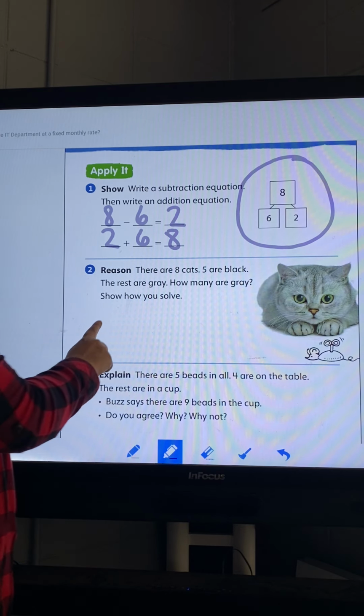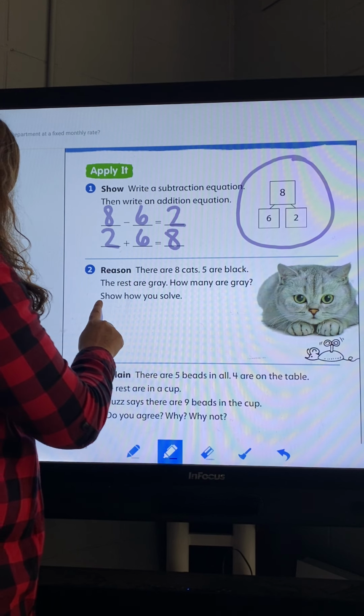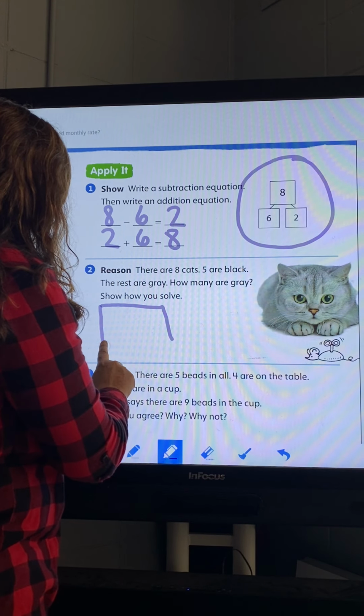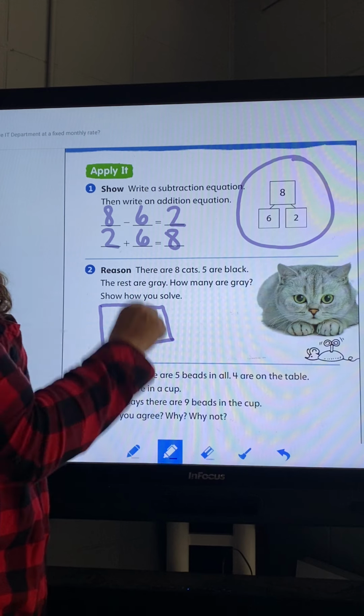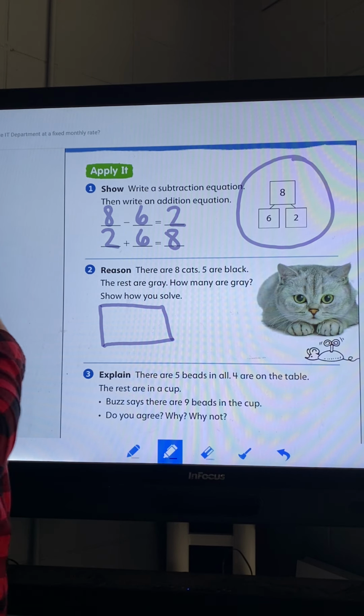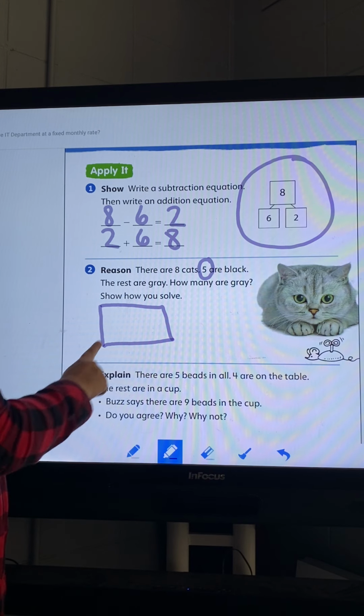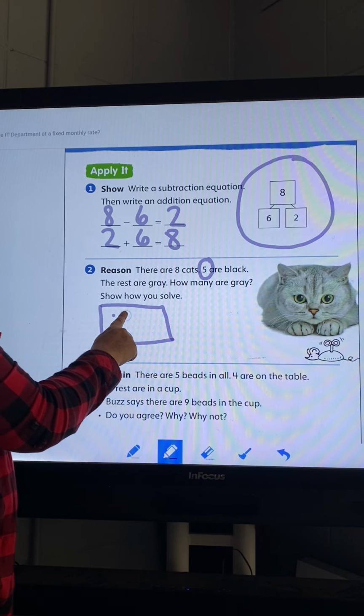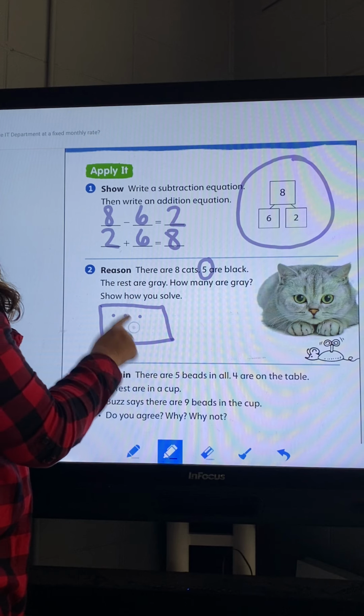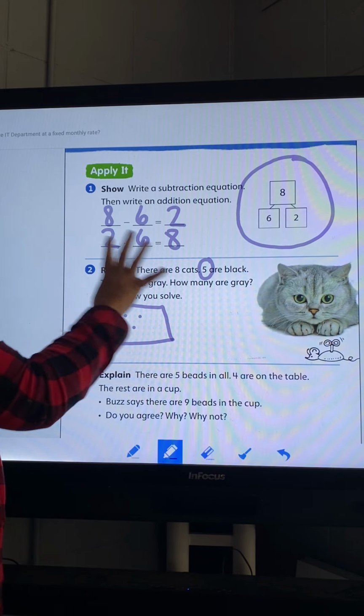Don't know. So what I would do is this. I'm going to draw a square or a rectangle. Okay, I know I have 8 cats. I also know that 5 are black. So I'm going to put 5 inside my box. 1, 2, 3, 4, 5. Okay, the rest are gray.